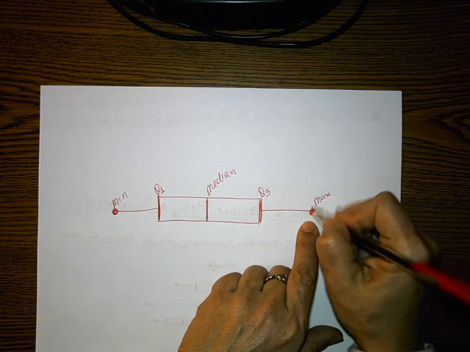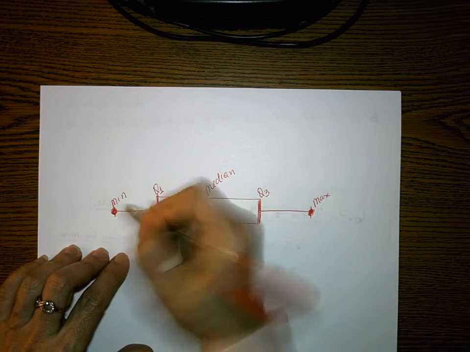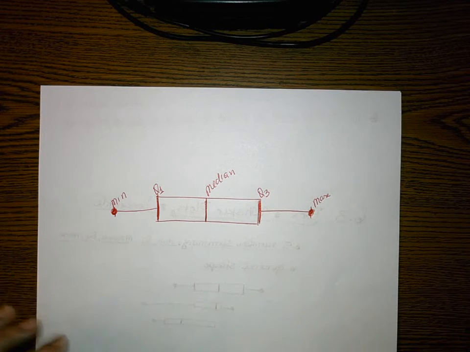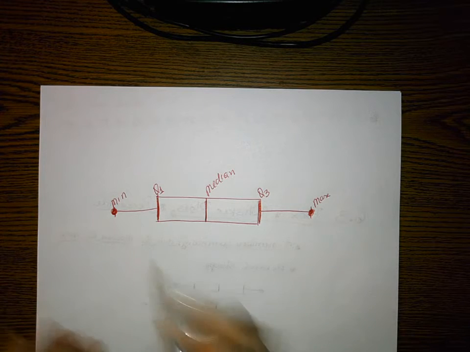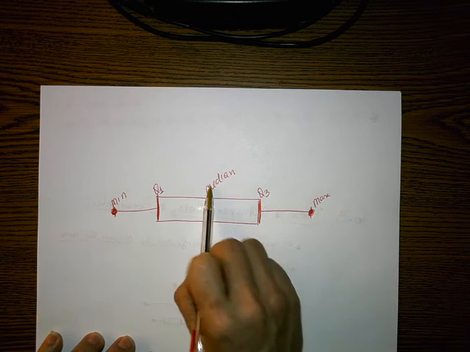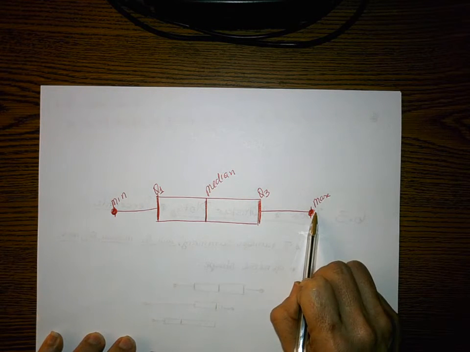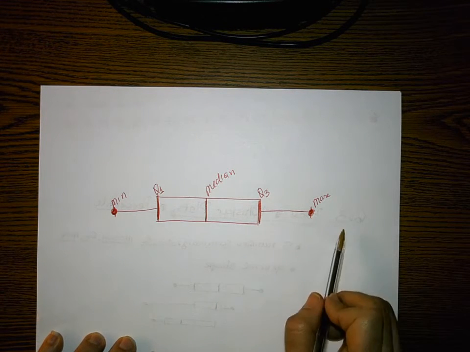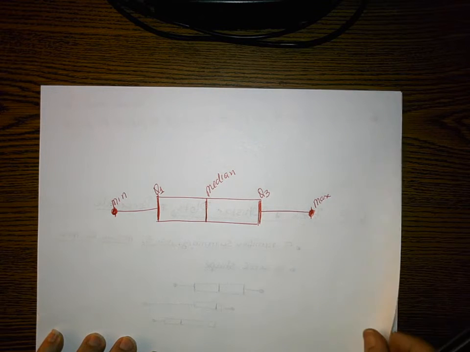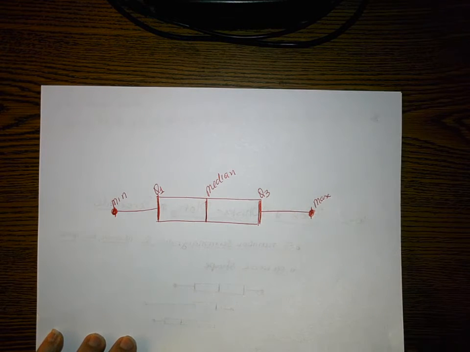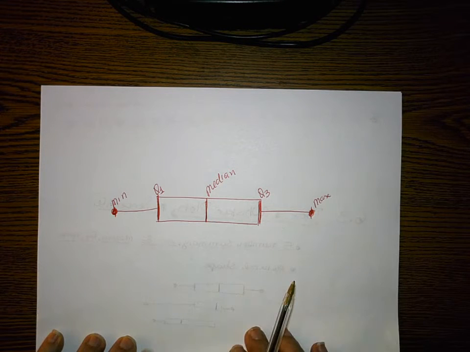Sometimes people put just a slash like this. Sometimes some books put a little dot. So those are the parts of the box and whisker: the minimum, the quartile 1, the median, the quartile 3, and the max. That's why we need the 5-number summary, so we can construct the box. The same way we need a frequency table so we can create the histogram, we need the 5-number summary so we can construct our box plot.